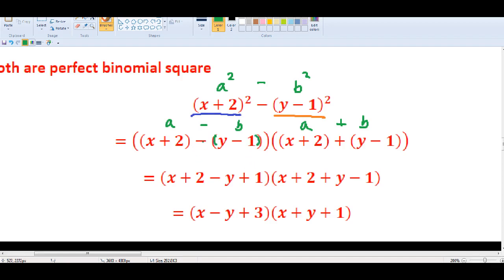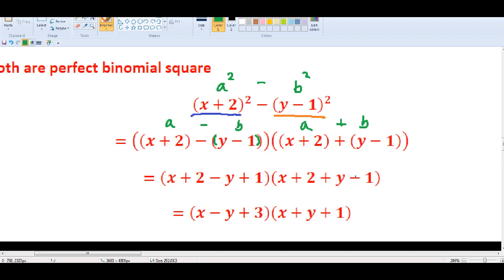When you remove the bracket, you need to change the sign inside the bracket for the term following. That's a minus sign, so it becomes x plus 2 minus y minus 1. In that case, the first part will get you x minus y plus 1. For the second part, it is x plus 2 plus y plus 1, and you remove the bracket.